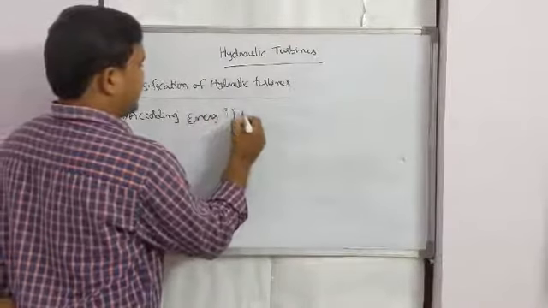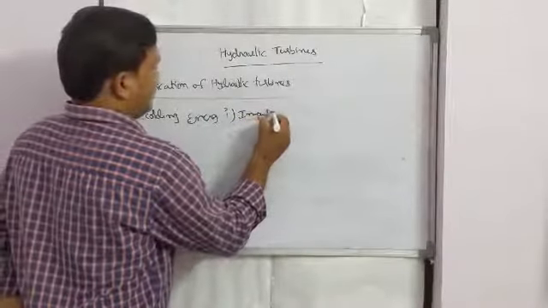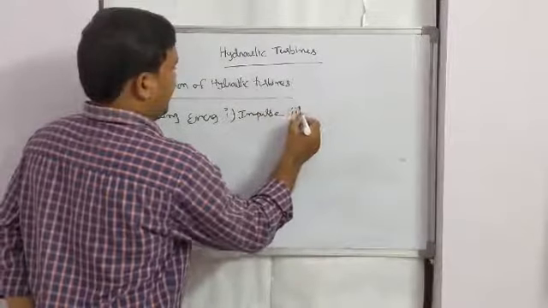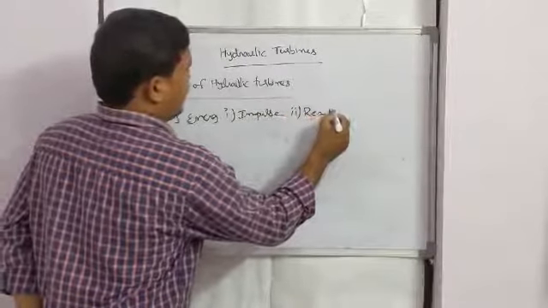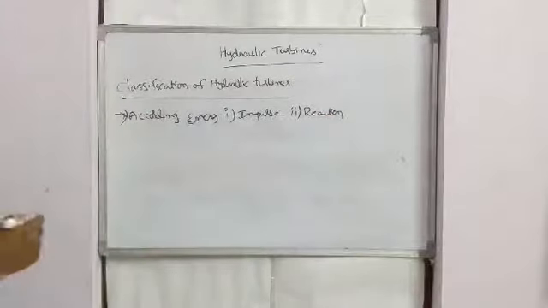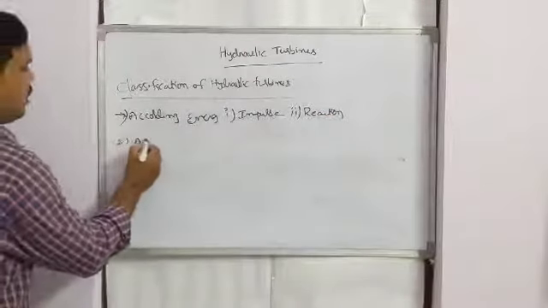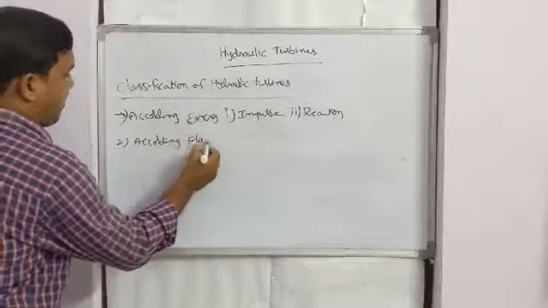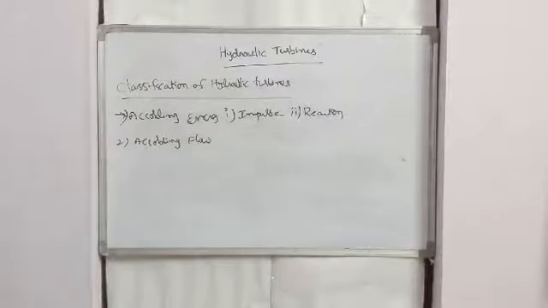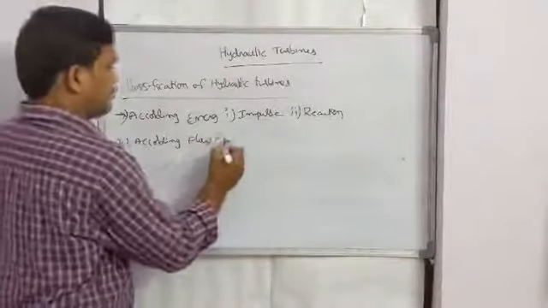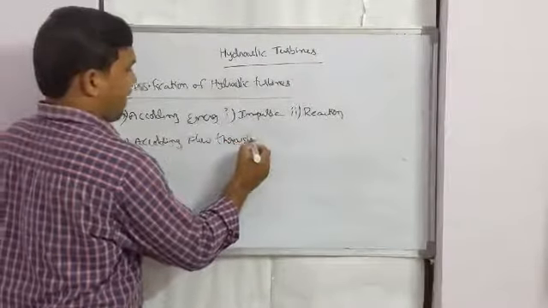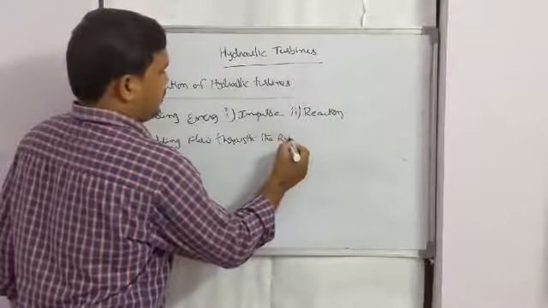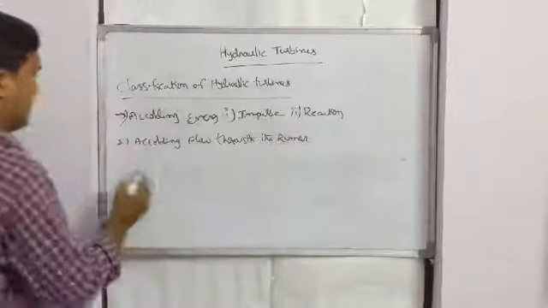The second one is according to the type of flow, according to the flow through the runner. So how the water enters the runner.